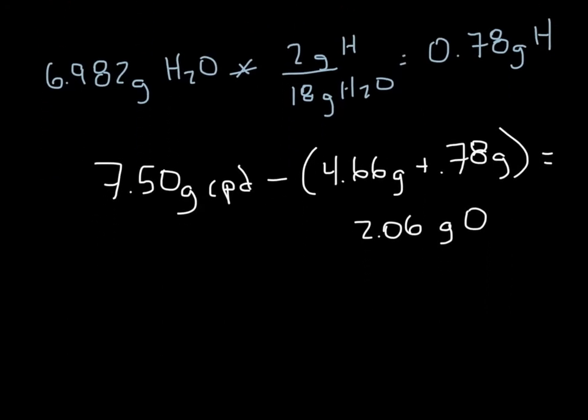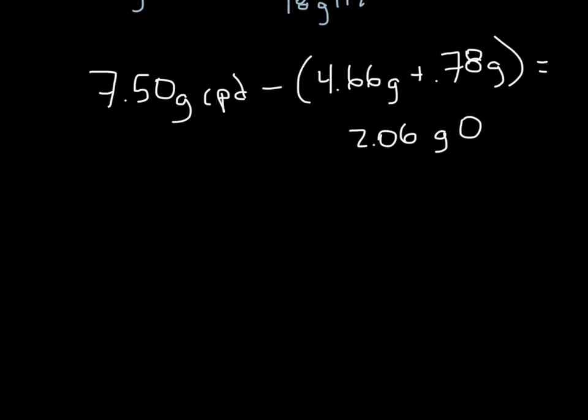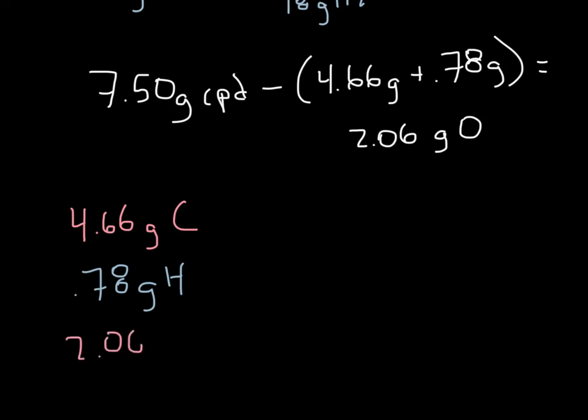So at this point, I actually have a mass ratio. I know that there are 4.66 grams of carbon, there are 0.78 grams of hydrogen, and in that 7.5 grams of compound, I also have 2.06 grams of oxygen.